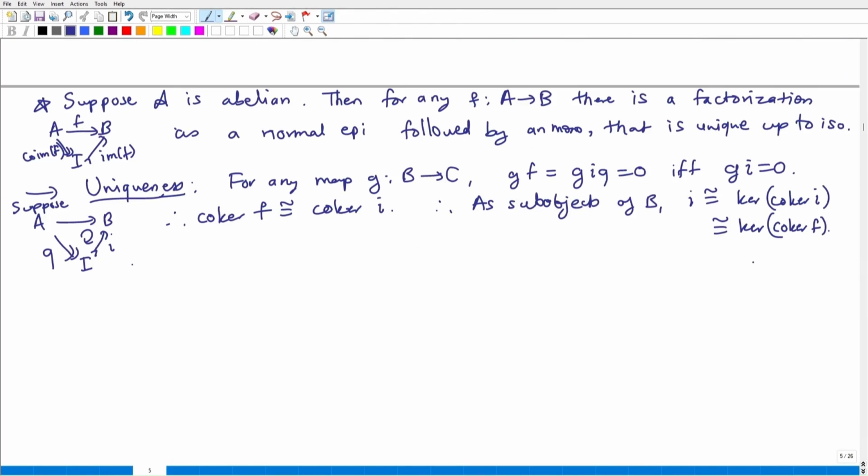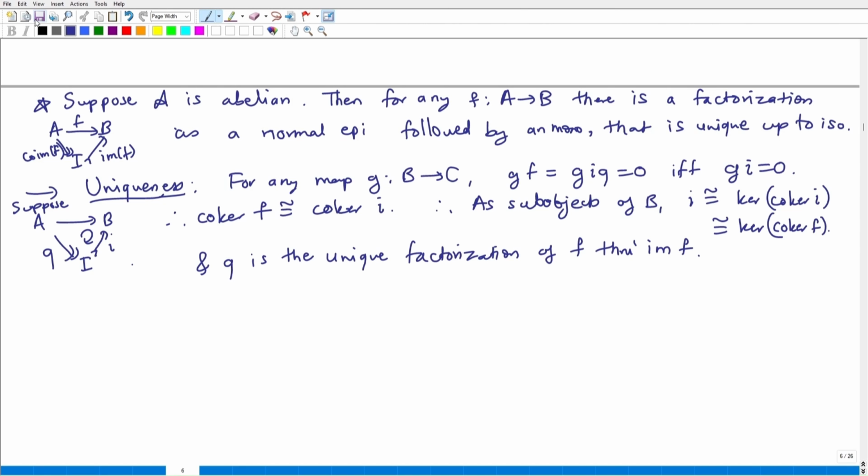So as subobjects, I is isomorphic to this, and Q is the unique factorization of F through the image of F. So done, this is the unique factorization. So we have shown uniqueness.